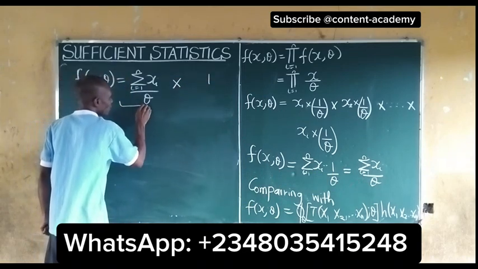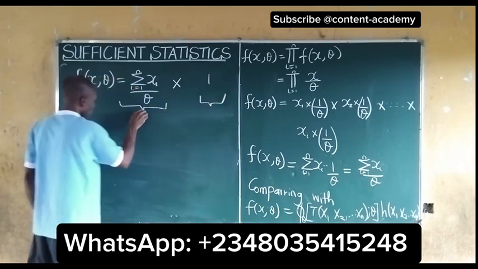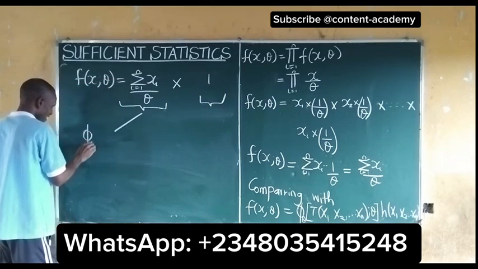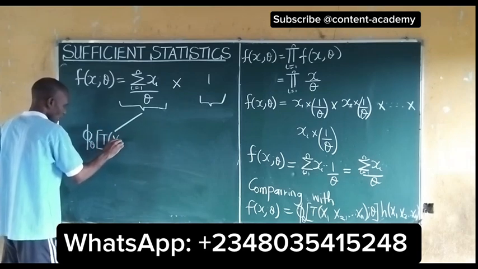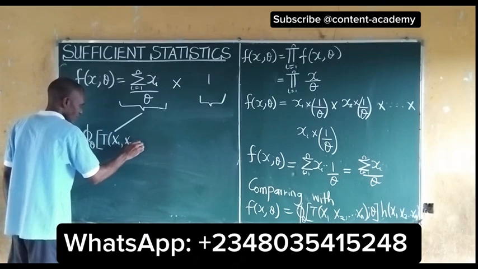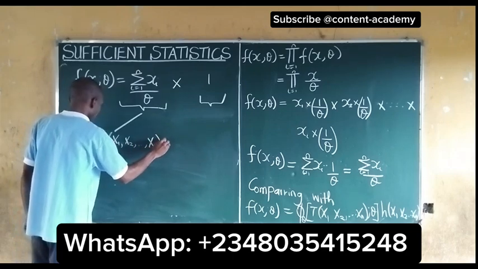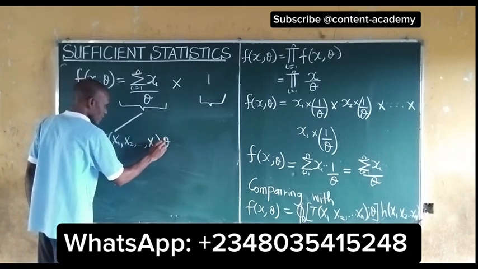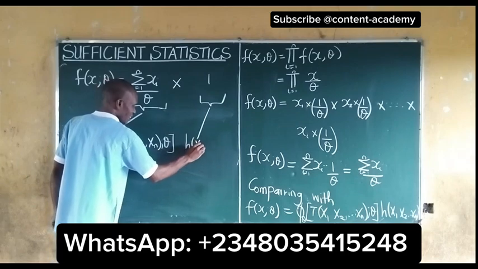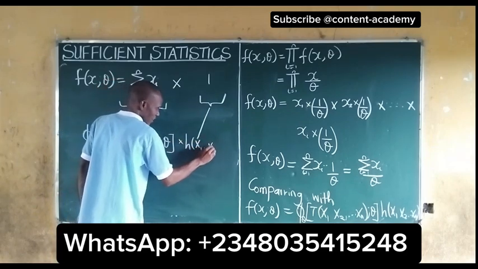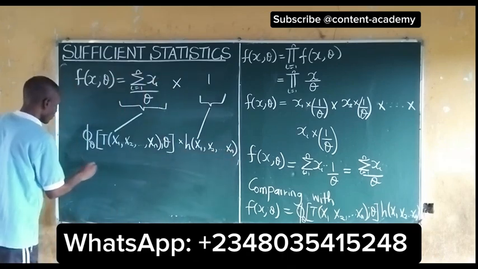Now this becomes one of the components, and this becomes another component, which is phi theta into t x1, x2, ..., xn, as it depends on theta, and this becomes h x1, x2, ..., xn, as it does not depend on theta.